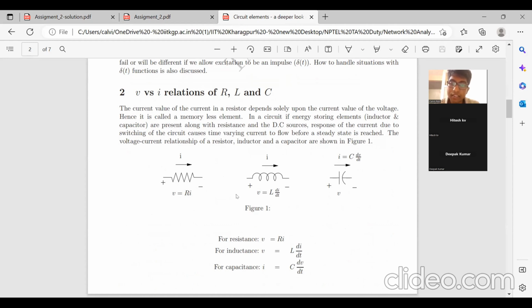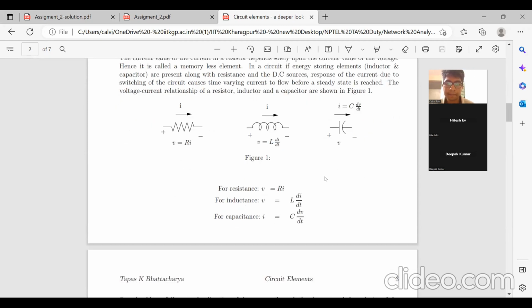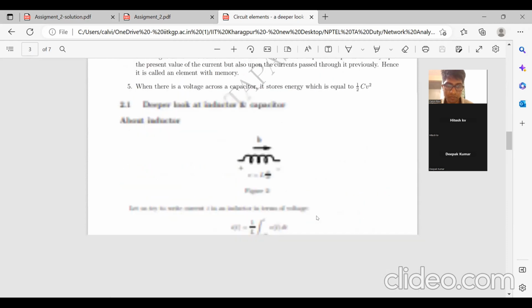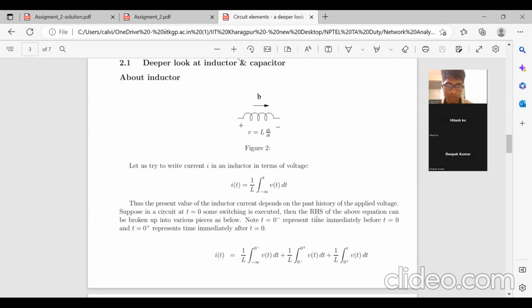Does the current lag the voltage in an inductor or does it lead? Current lags. While for a capacitor, the current will lead the voltage. So this is how they vary. For capacitance, I equal to C dV/dt.